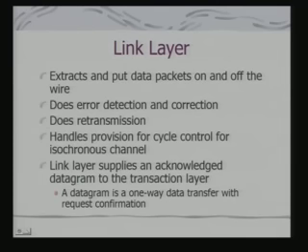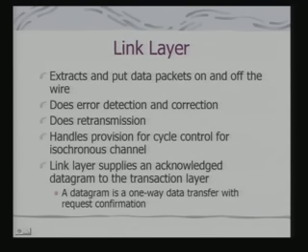One of the appropriate actions could be retransmission. It handles provision for cycle control for isochronous channel. We have already seen that when it is an isochronous channel, we really do not go through the transaction layer. So, it is a continuous flow of data. So, you have to maintain the cycle by which the data is to be transferred, and that is what is handled by the link layer.